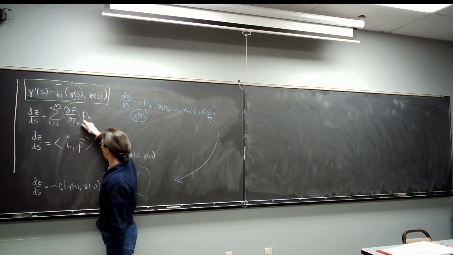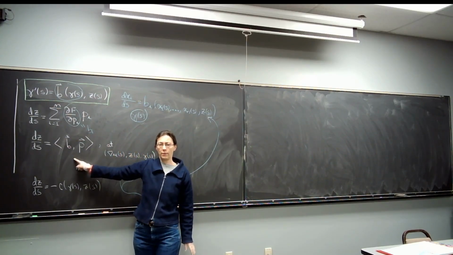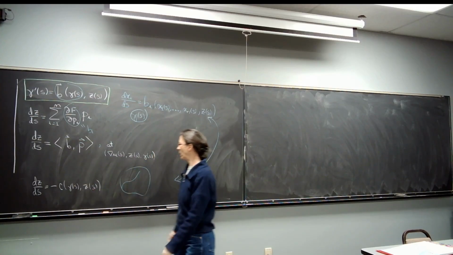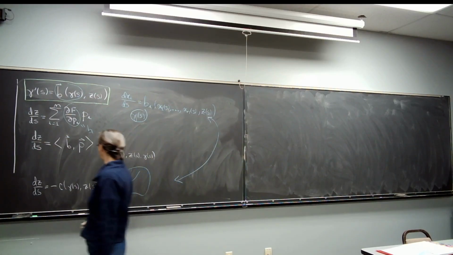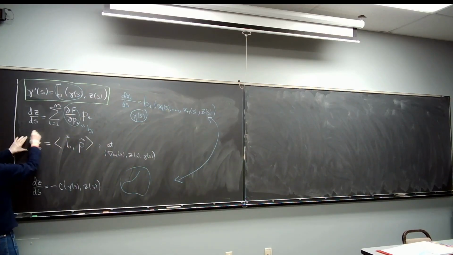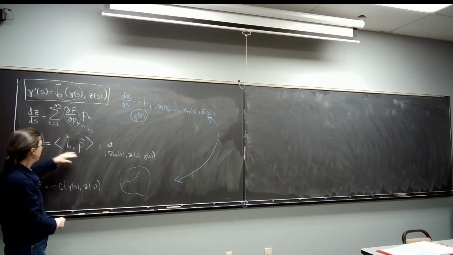Recognizing that this is equal to bi, and then recognizing it as an inner product, I can write my equation this way. This is dz/ds here on the left-hand side.